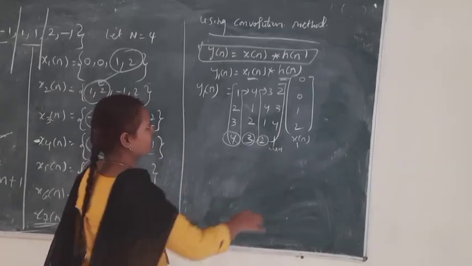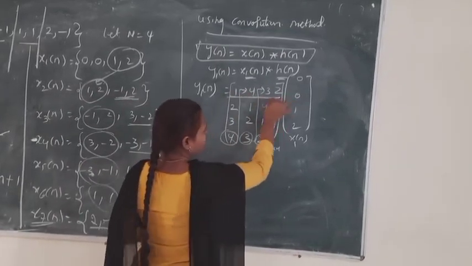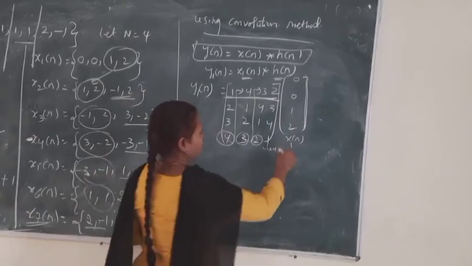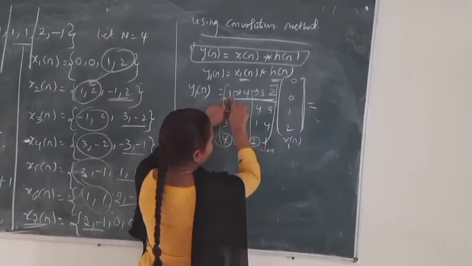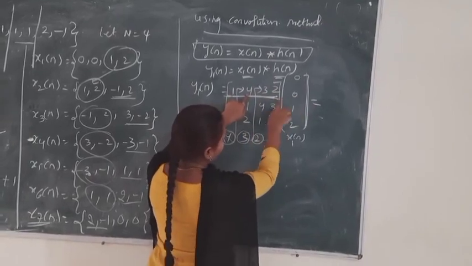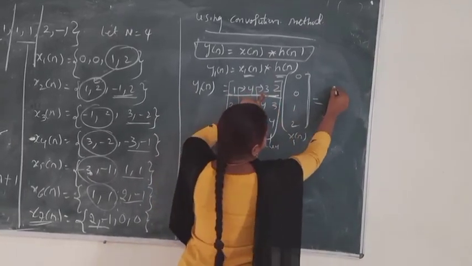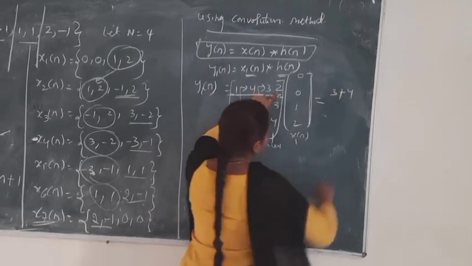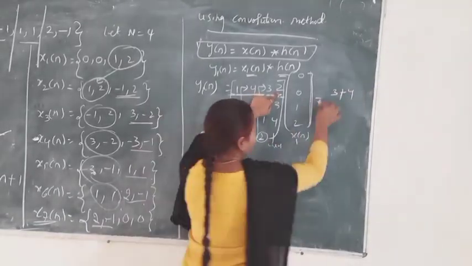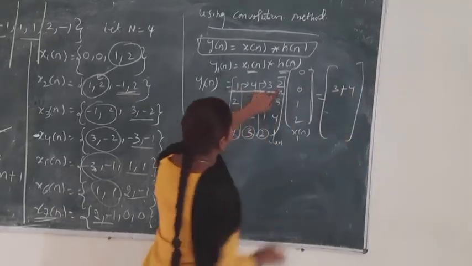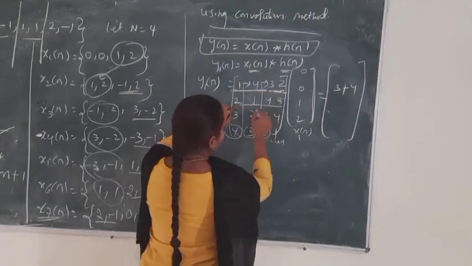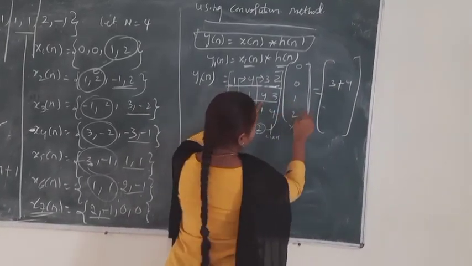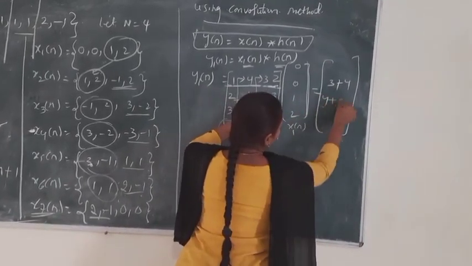Now we multiply the matrix first row with this column. What is the answer? 1 into 0, 0; 4 into 0, 0; 3 into 1, 3; plus 2 into 2, 4. Next, second row: 2 into 0, 0; 1 into 0, 0; 4 ones are 4; plus 3 into 2, 6.